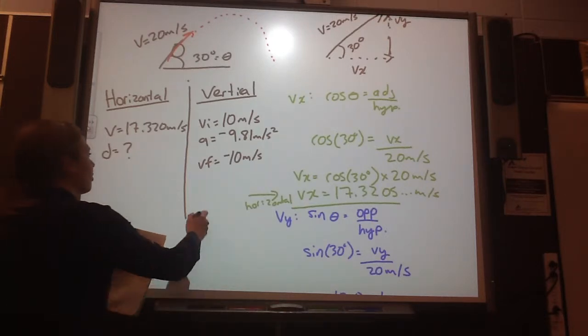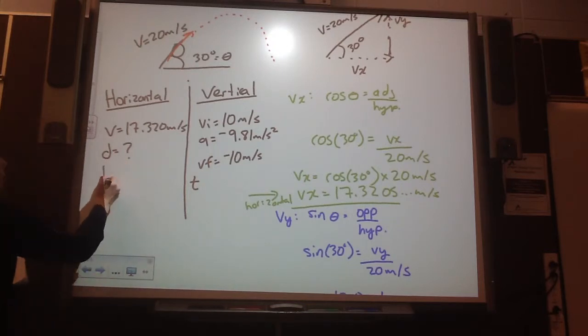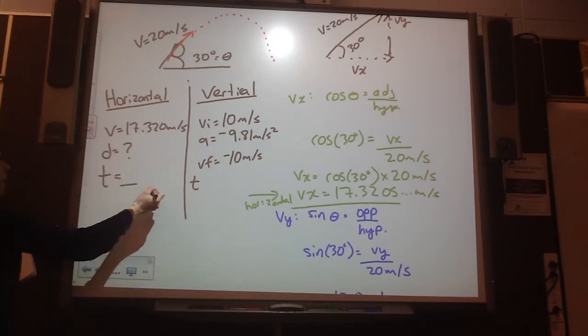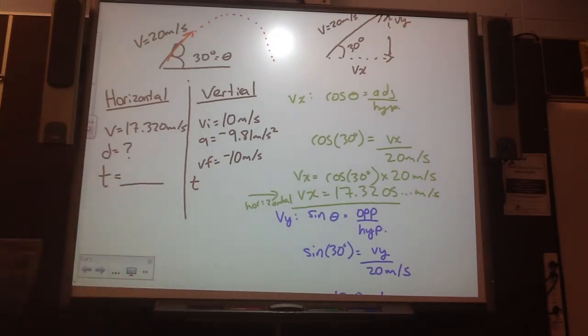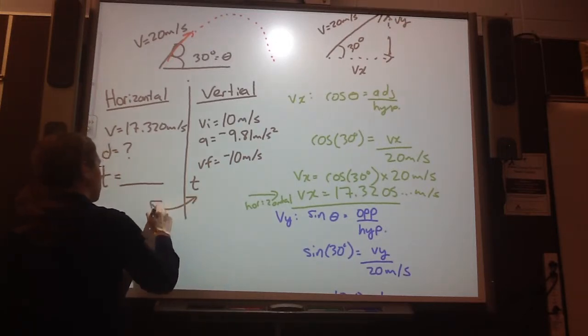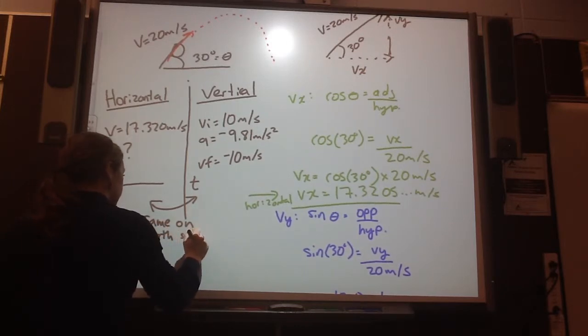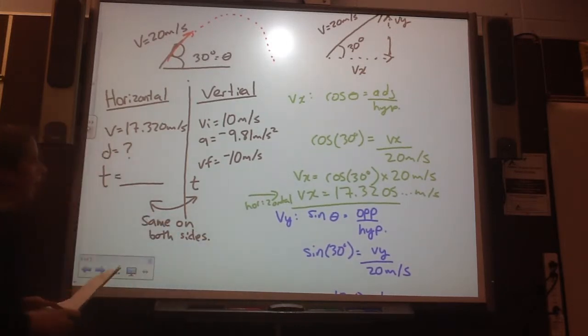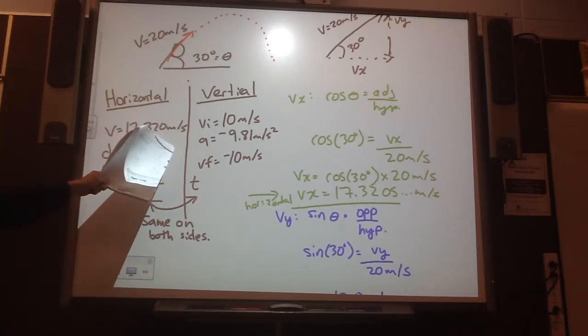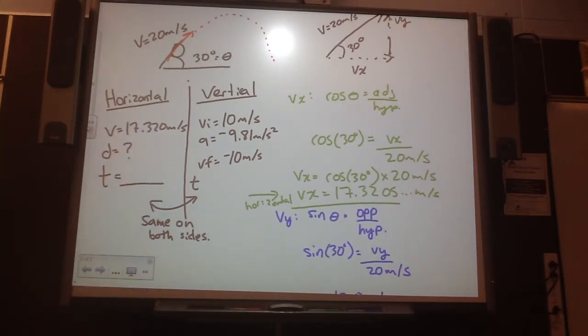Okay, so what am I missing to figure this out? My T. Well, what can I assume about T across the board here? That it's the same on both sides. So T is the same on both sides, so I can solve for T using my vertical information.